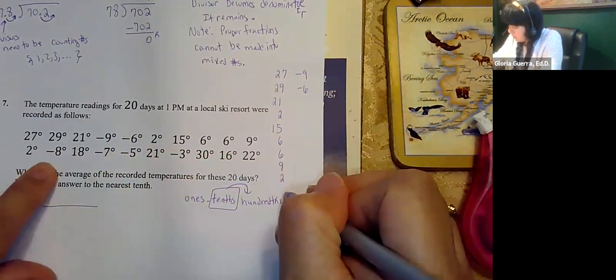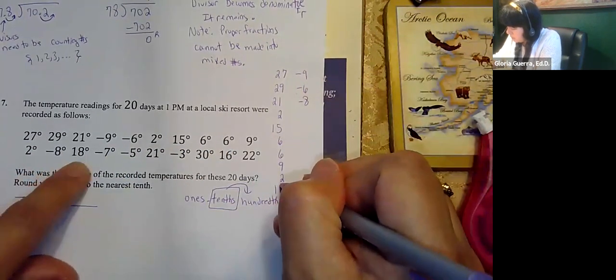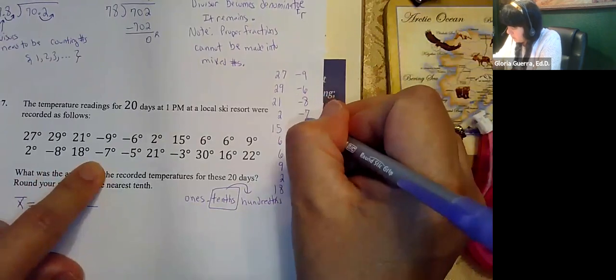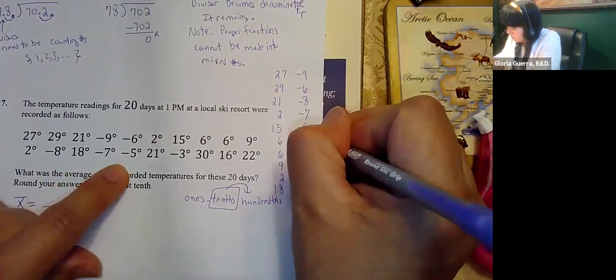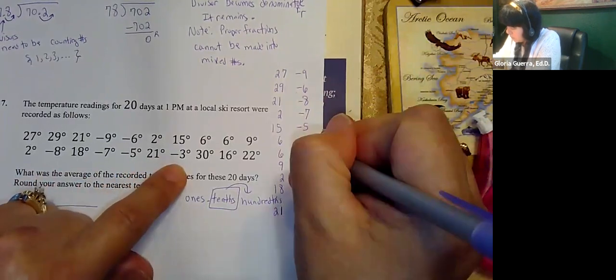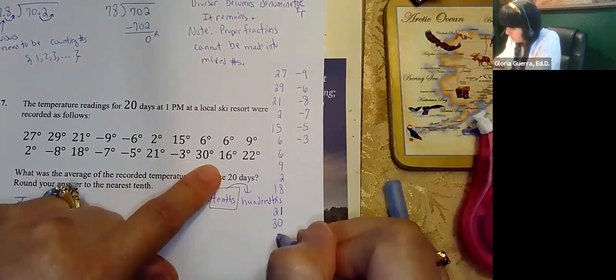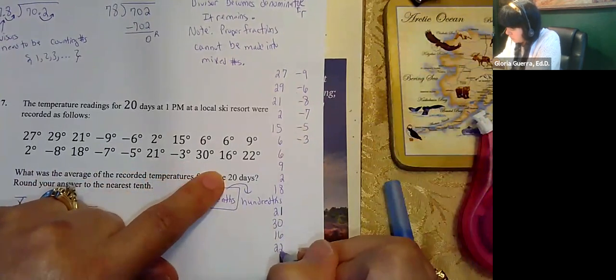Okay, this is -8, 18, -7, -5, okay, 21. This is -3, 30, 16, and 22.